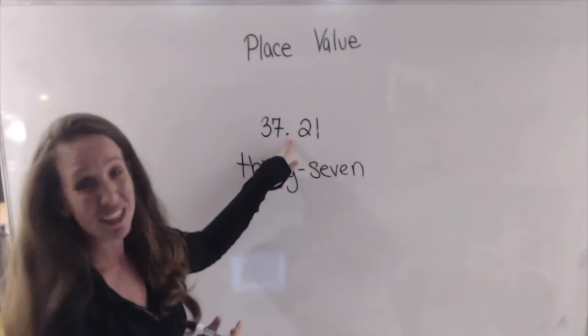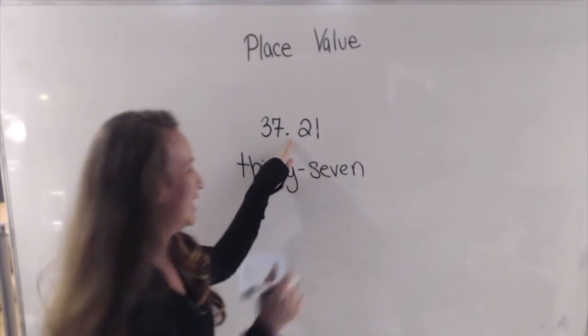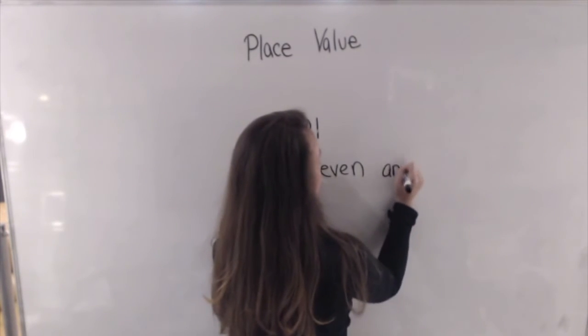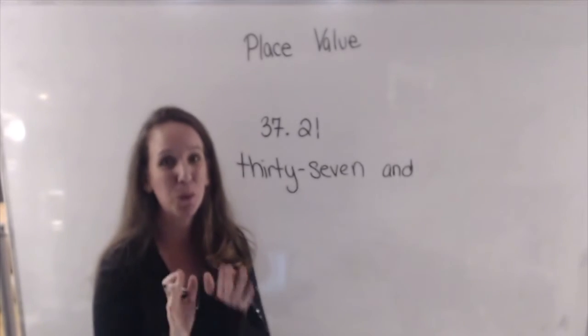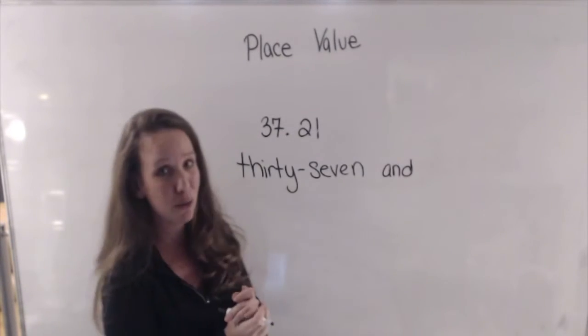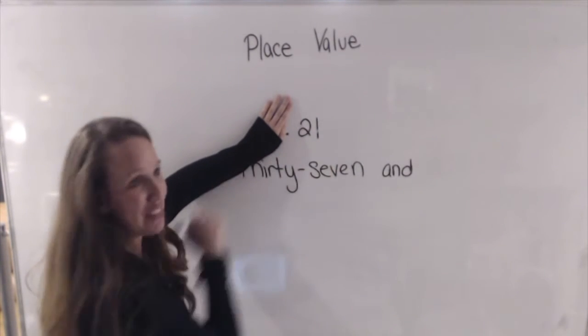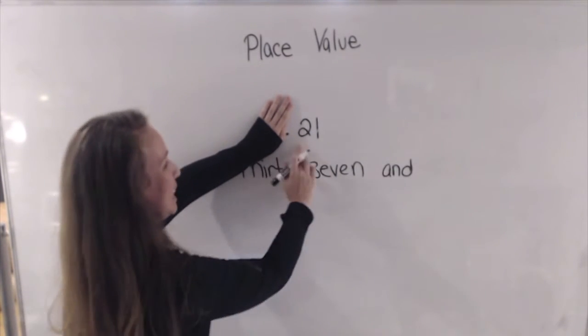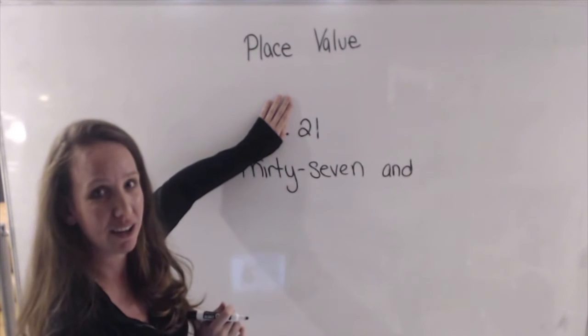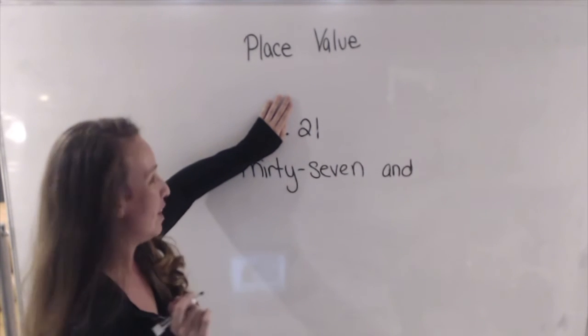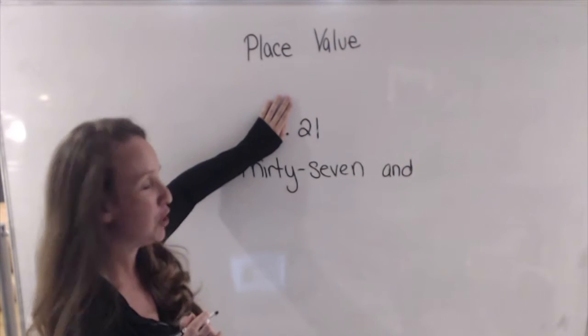Now, the decimal place, we use the word "and." Super important, okay? So we need that word "and." Now, what place value did I go to at the end of that statement there? What place value was the last one there? If you said hundredths, you're right.